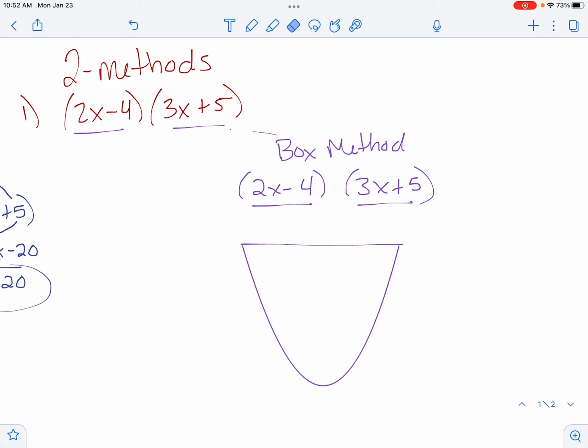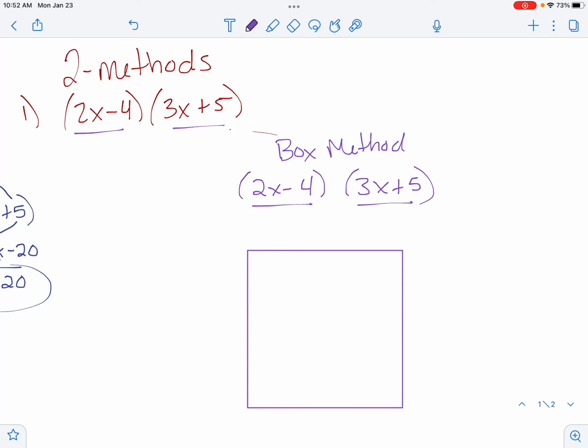So when I draw that box, I'm going to have two terms on top and two squares on the side. The first parenthesis we're going to put on top. The second set of parentheses we're going to put down the side, keep the signs with the numbers, and then you multiply to get inside of each box.